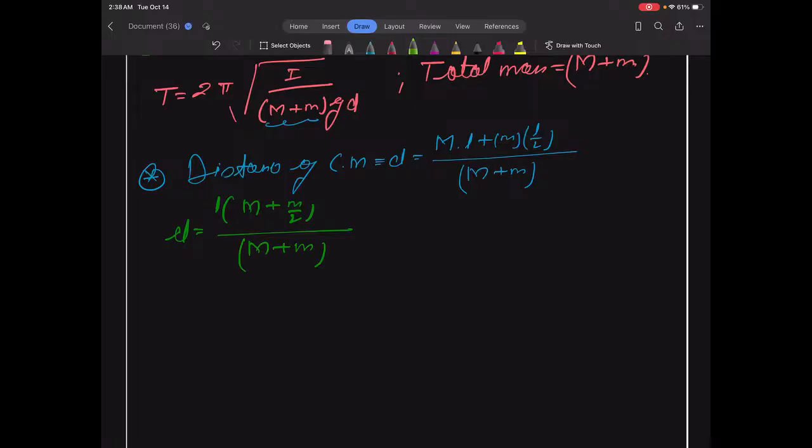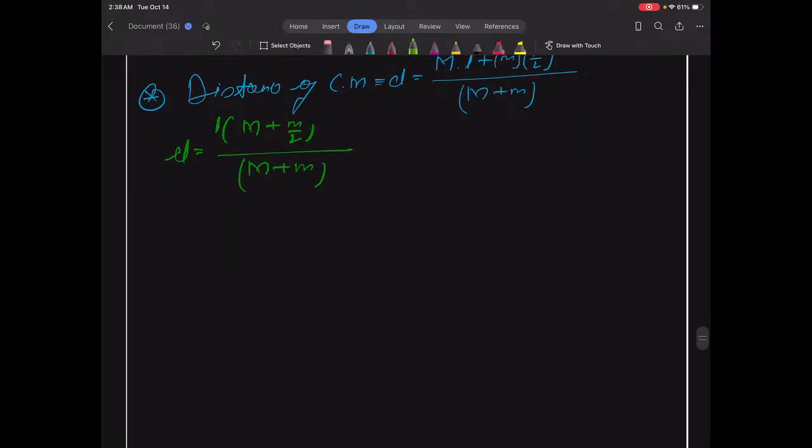So this will be the first change, and the second will be the change in the moment of inertia. You can say the moment of inertia, that is I, about the pivot.